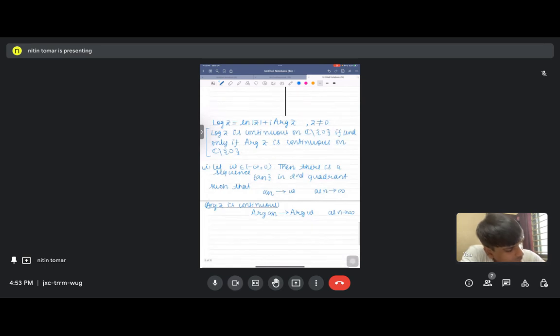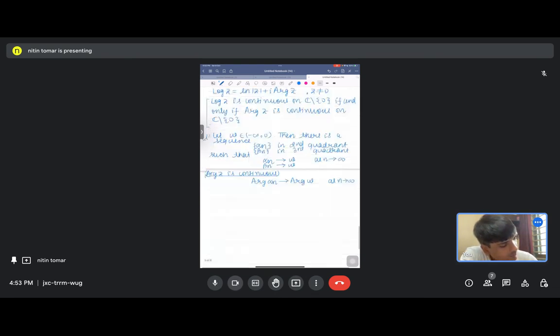So we will have an alpha n in the second quadrant, beta n in the third quadrant, such that beta n also converges to w, and this we know that argument of beta n converges to argument of w. All of you agree with this?